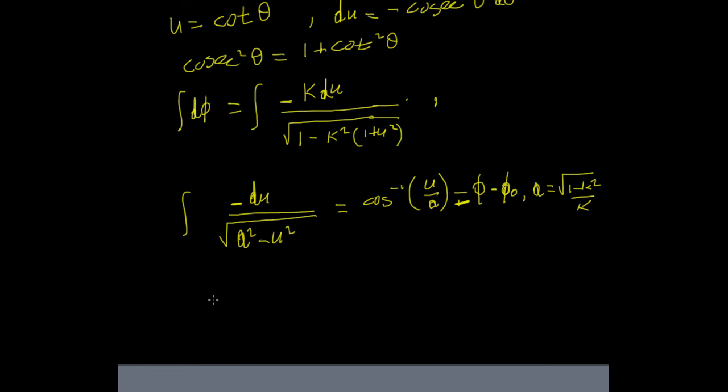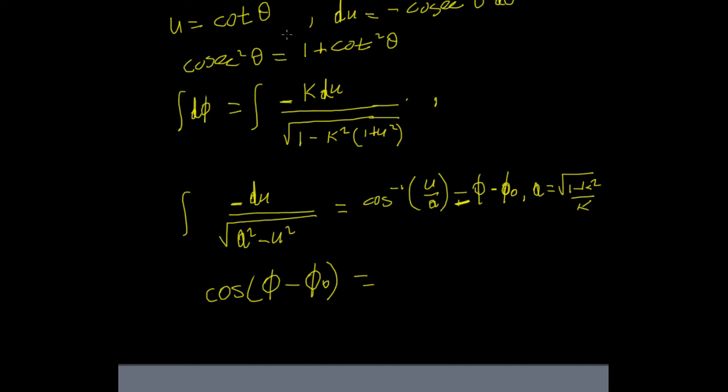Now almost there, so now we can write that there, and we can say that cos of phi minus phi naught equals, what we can do is equals u upon a, okay.